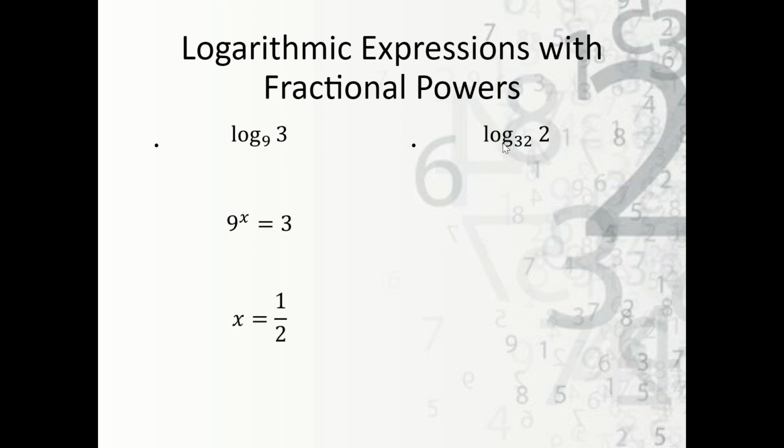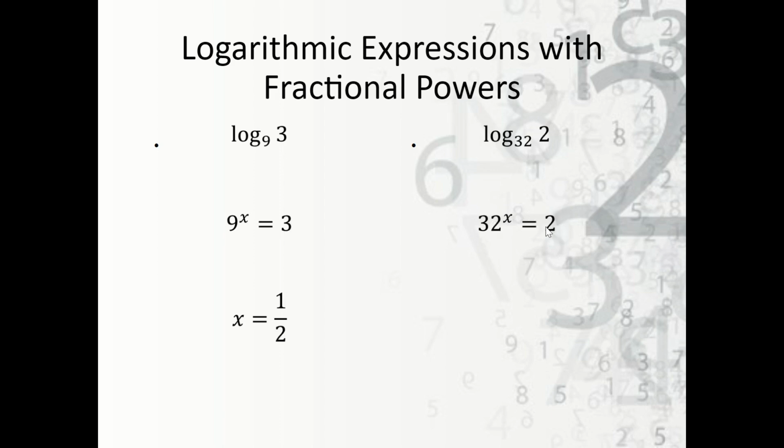Now here we have log base 32 of 2. So really that's 32 to the x power is equal to 2. Again, the number we start with is bigger than what we end with, so we know it's got to be a fractional power of some kind. So 32 to what power equals 2?